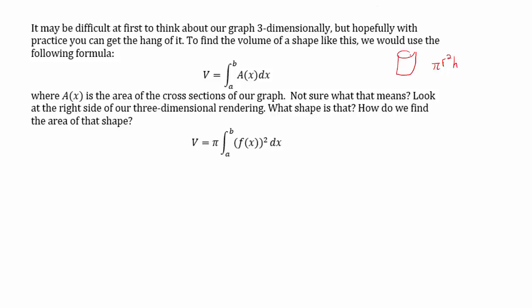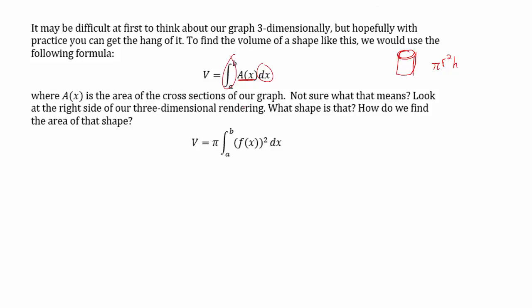The pi r squared part is the area of the top or bottom, then h is our height. What this formula is telling us to do is find the area of the base, and then because we're integrating, the part on either side is going to end up multiplying by the height. So it's kind of weird to think about, but that's where that formula comes from.